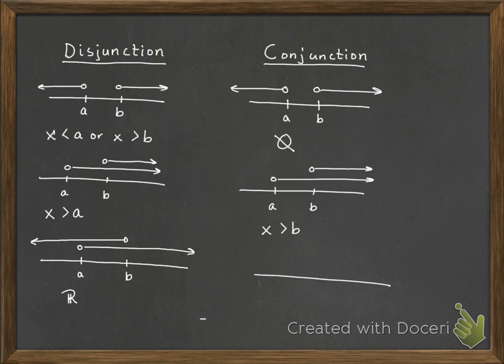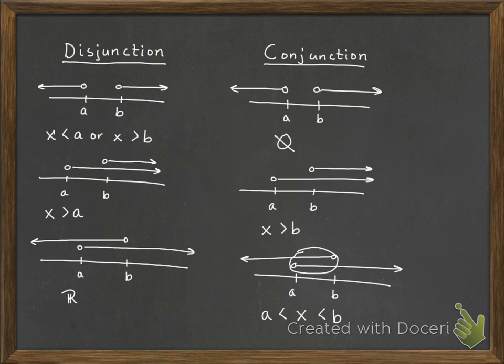If that was the graph in a conjunction, where A goes one way and B goes the other way, we are looking for where the solutions overlap each other. So x is greater than A and less than B. So those are the comparisons.